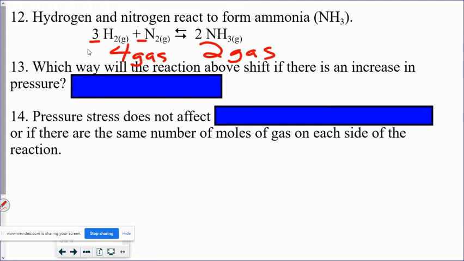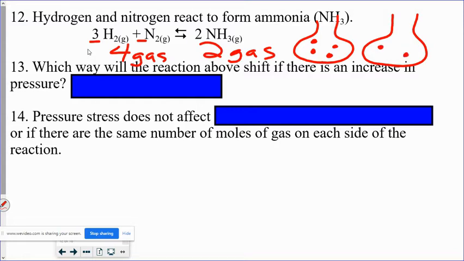So which way will the reaction shift if there's an increase in pressure? What we have to understand is this is my container here. I know I'm awesome at drawing. What has more pressure? A container that has 4 gas molecules in it, or a container that's got 2 gas molecules in it.